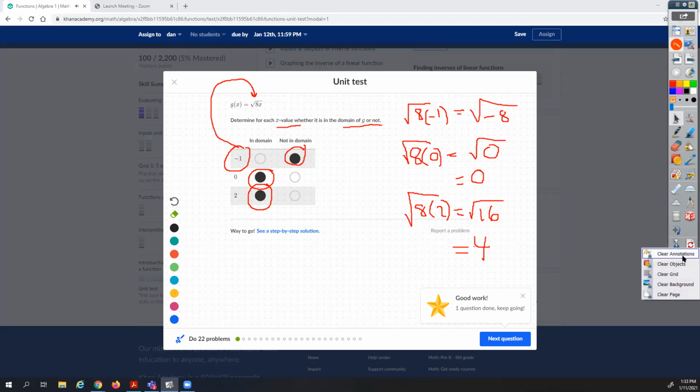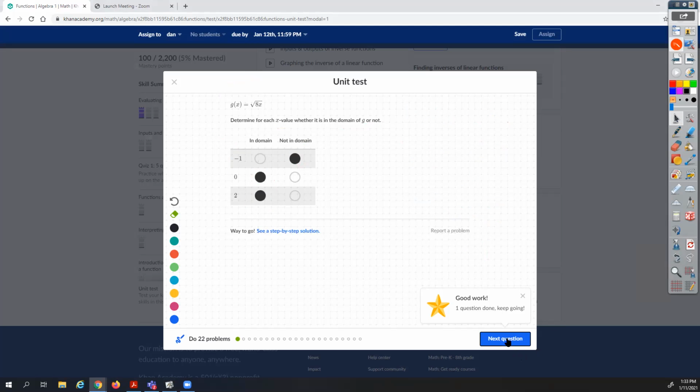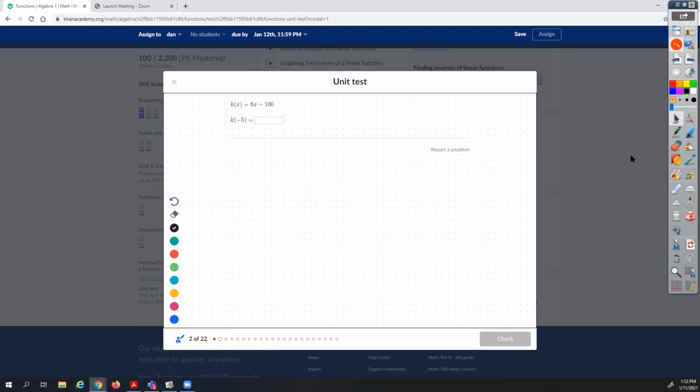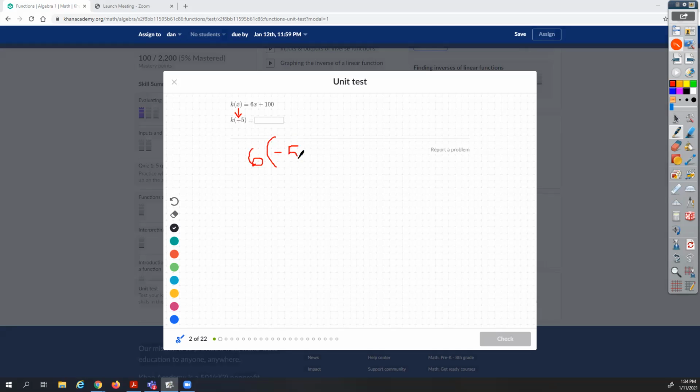All right. So let's take a look at number 2. Number 2, they give you the function k of x is equal to 6x plus 100. All we have to do is really plug in what x is. X over here is actually -5. So we're going to plug in 6 parentheses -5 plus 100.